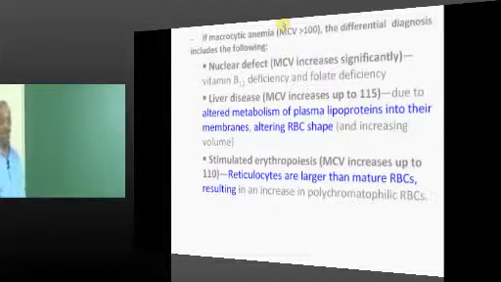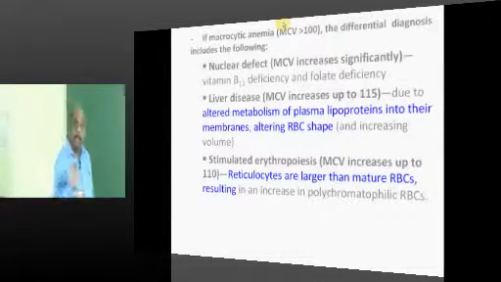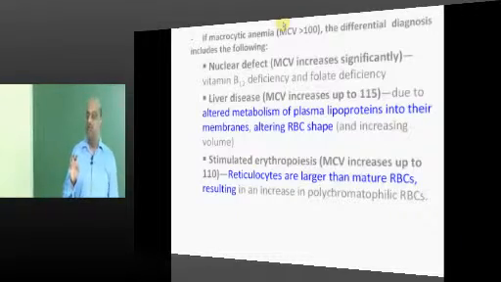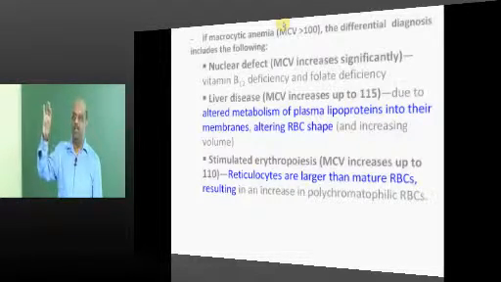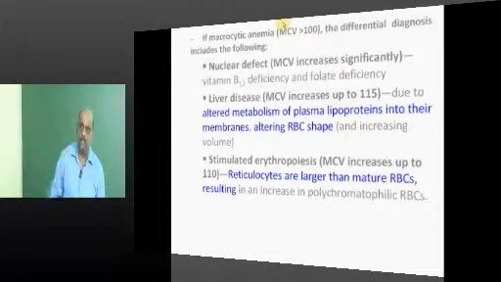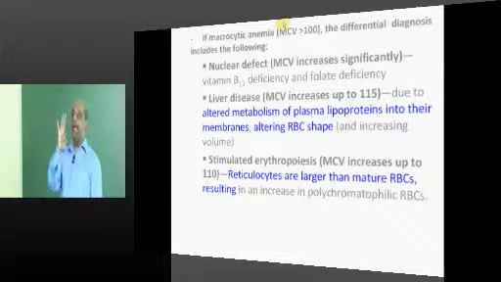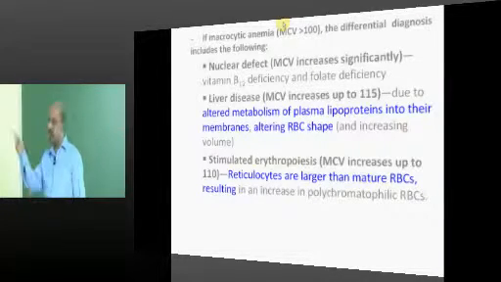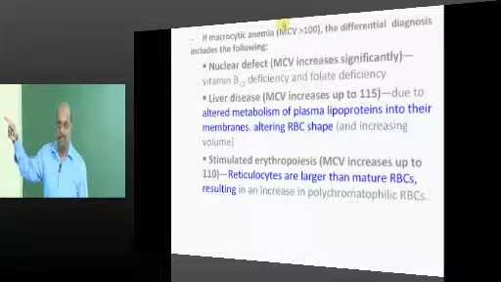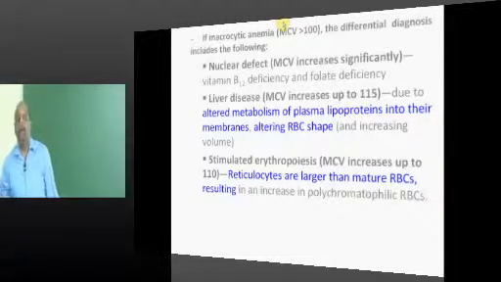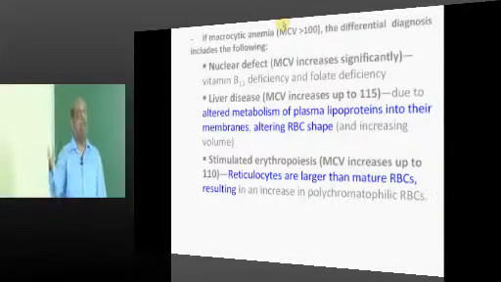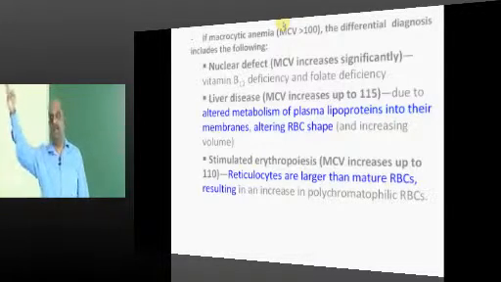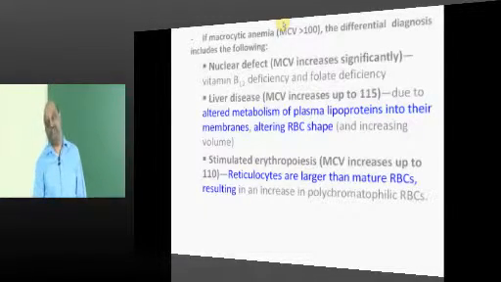Liver disease, alcoholism, hypothyroidism. These are the 3 conditions you need to remember because they also will increase MCV and lead to macrocytic anemia, but it is a non-megaloblastic macrocytic anemia, is what I like to underscore to all of you.